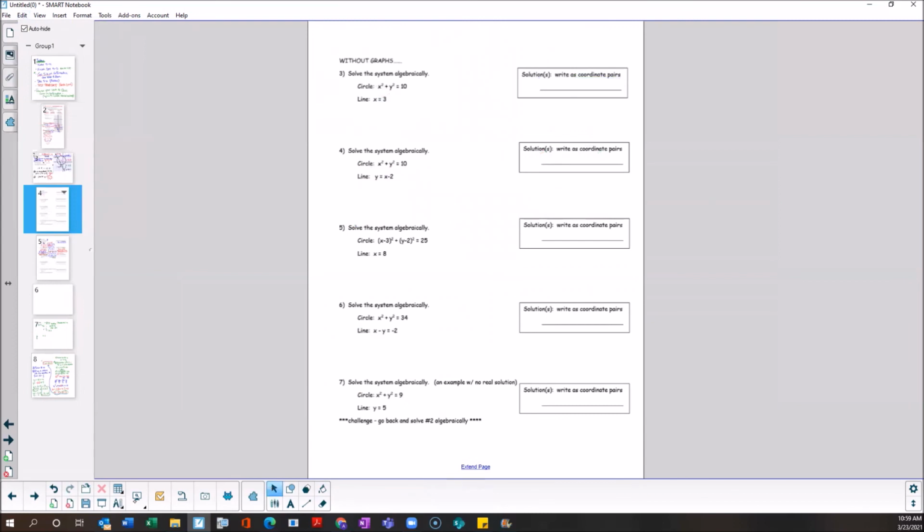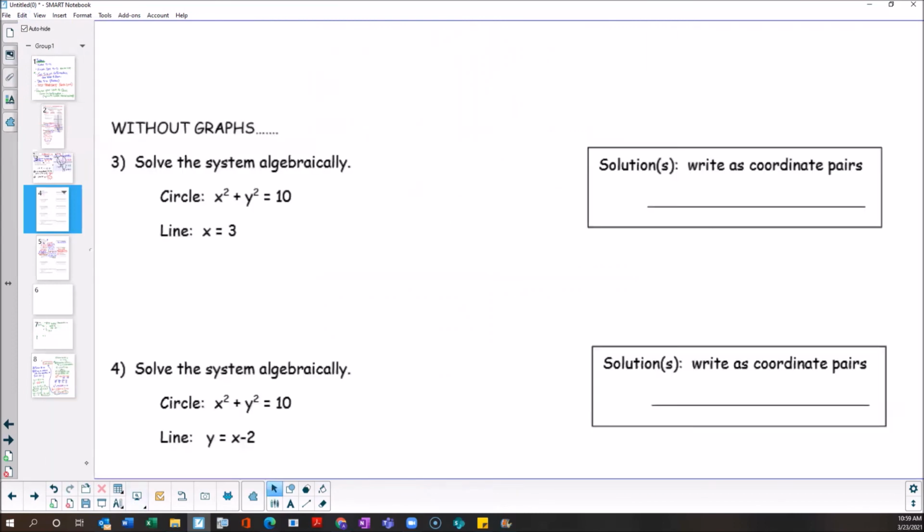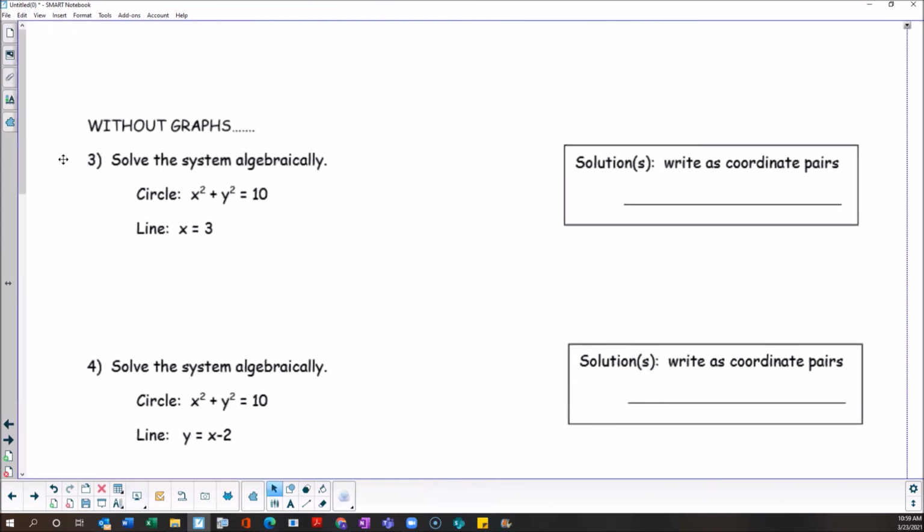On number 3 here, when it says solve the system algebraically, that just means we're going to plug something in for x or plug something in for y, use substitution, and find the values of y that satisfy the equation.